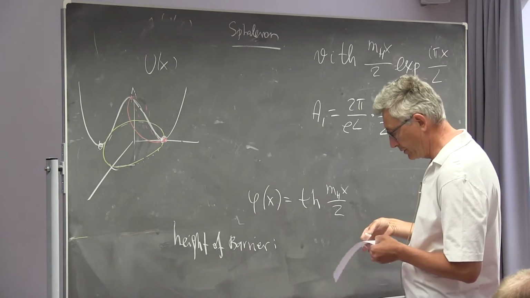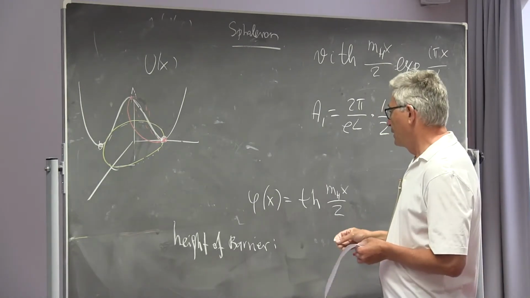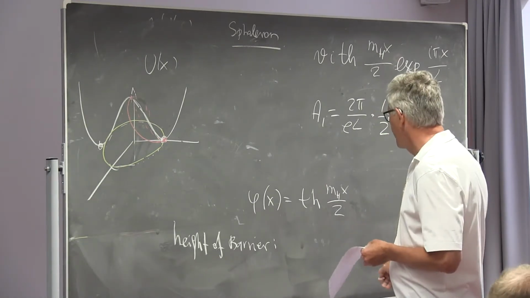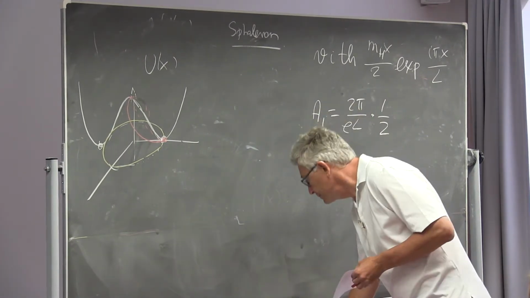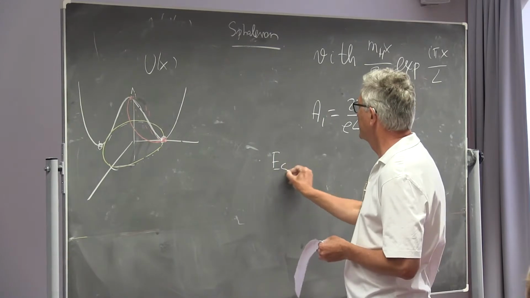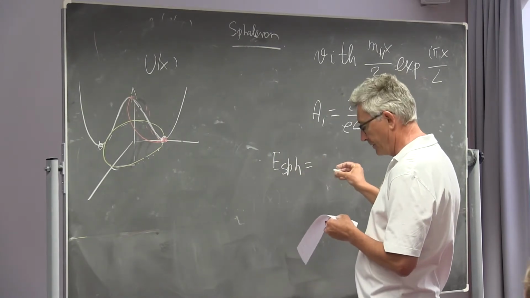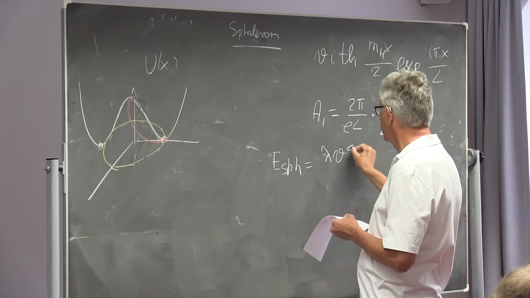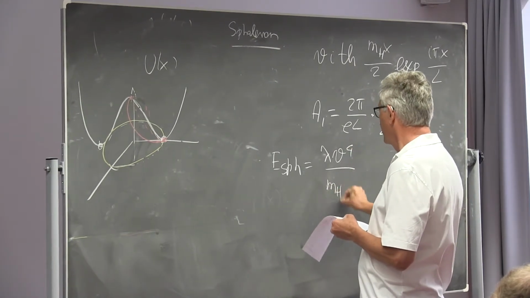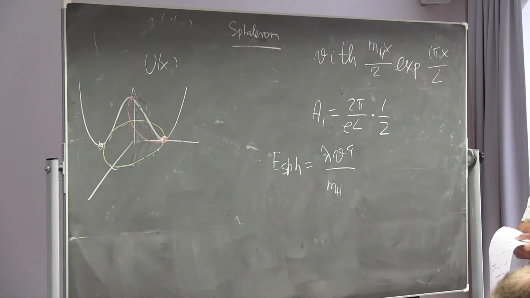The height of the barrier, E scalar, is equal to lambda v to the 4th, times the mass of the Higgs field.